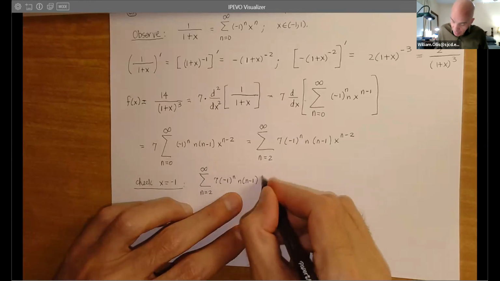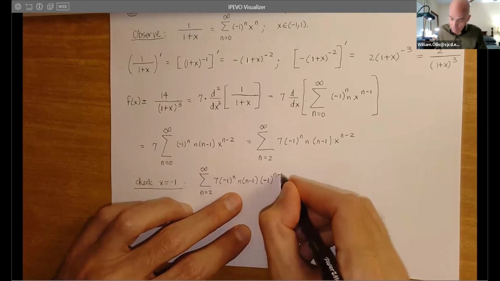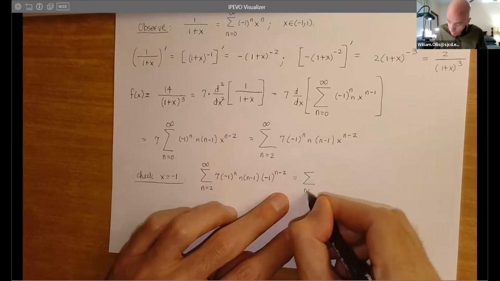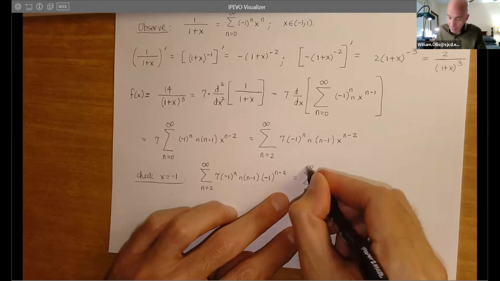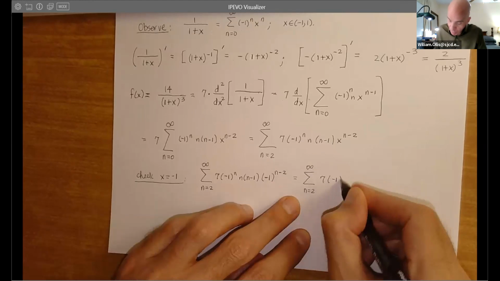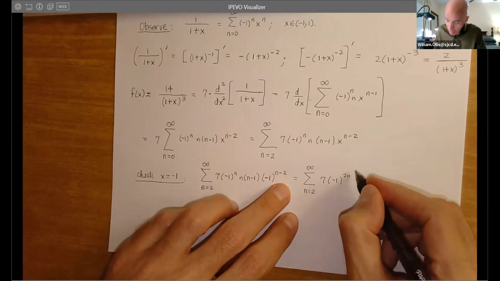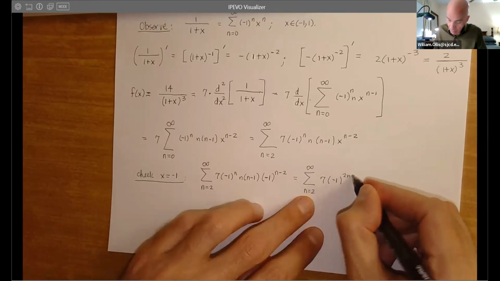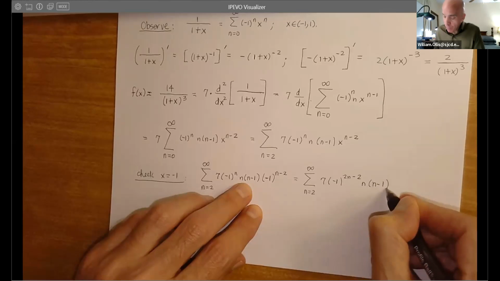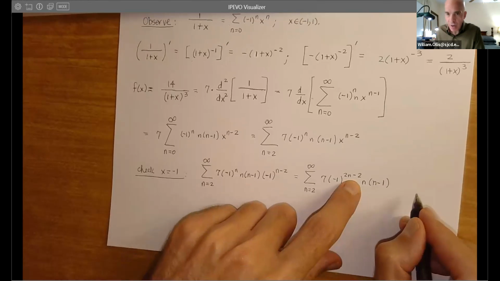And now we have -1 to the n minus 2. So this will give us n equals 2 to infinity. Now, of course, we have the -1, so that's going to join this. So we have 7. We have -1 to the 2n minus 2, n plus n minus 2, times n minus 1.